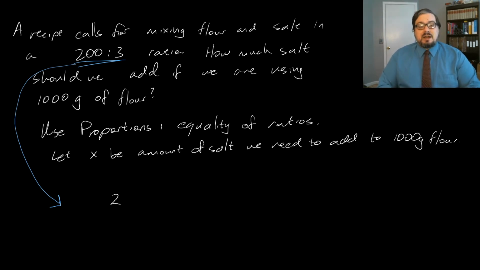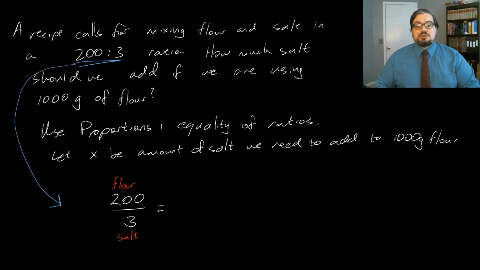So the way that we'll write that up in a way that's useful to us mathematically is to write that as a fraction. When actually going and doing computations, we'll always change all of our ratios into fractions. And it's often a good idea to keep track in the problem of what these quantities represent. This ratio, 200 over 3, corresponds specifically to 200 units of flour over 3 units of salt.